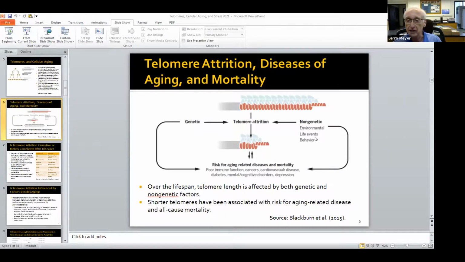Are you smoking? Are you engaging in other behaviors, drug use, that could contribute potentially to telomere attrition? And then as the telomeres get shorter and shorter, there's evidence that this leads to an increased risk for aging-related diseases and even perhaps shorter lifespan.